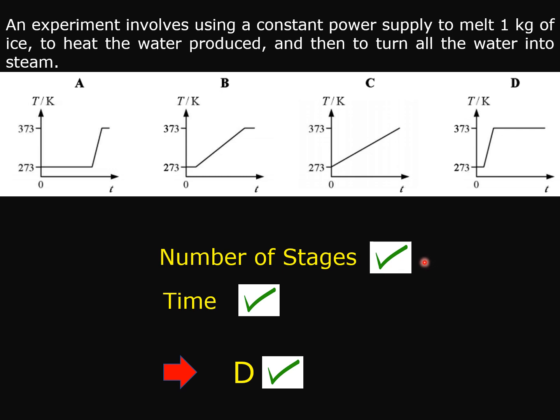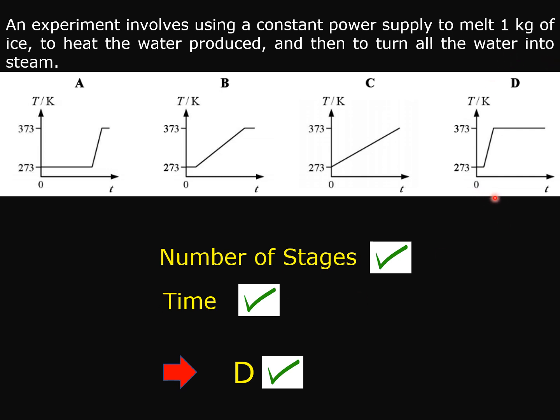When we heat the ice and transform it completely into steam, how many stages does the system undergo? It is 3. So from this first factor, we know that answer C must be excluded. And then if we consider the time taken for the complete process for the 3 stages, then we can know that the answer should be D.